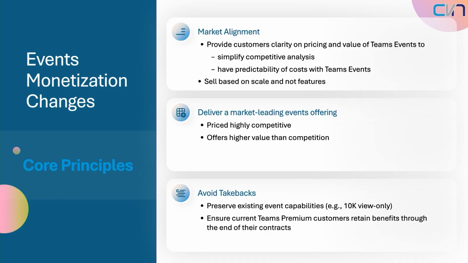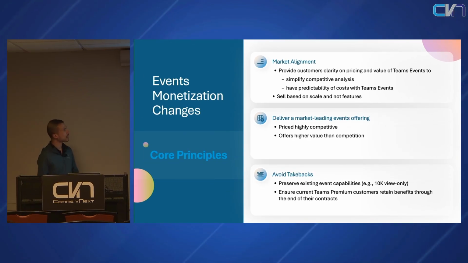Right? 3,000 interactive just means you're getting streaming chat, reactions, interactivity, and polls. View-only just means you have the view-only experience, none of the interactive capabilities. And both of these capabilities, 3K or 10K view-only, will come with Microsoft eCDN included. And people can go buy standalone eCDN licenses or Teams Premium.